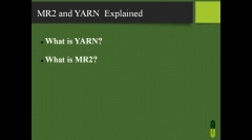Yarn can run applications that do not follow the MapReduce model, unlike the original Apache Hadoop MapReduce. That is called MR1 and this is called MR2. So what is MR2? MR2 is the new version of MapReduce, and MR1 is the old version of MapReduce.